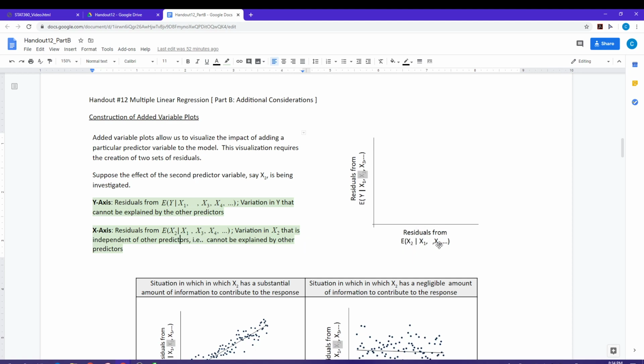So again, the x-axis contains variation in the predictor that I'm making the added variable plot for. So that contains the variation in x2 that is independent of the other predictors. So in a sense, that's kind of the new information that x2 is giving me. On the y-axis is the information that cannot be explained in my response by the other predictors.